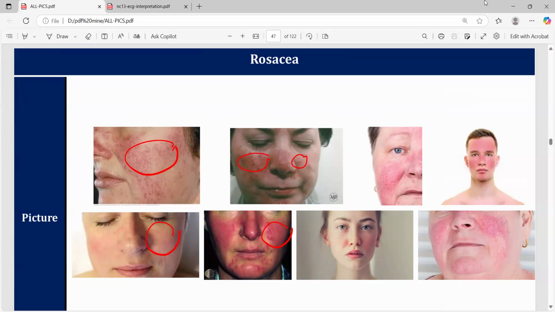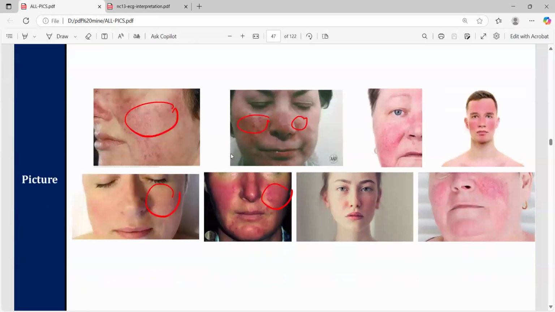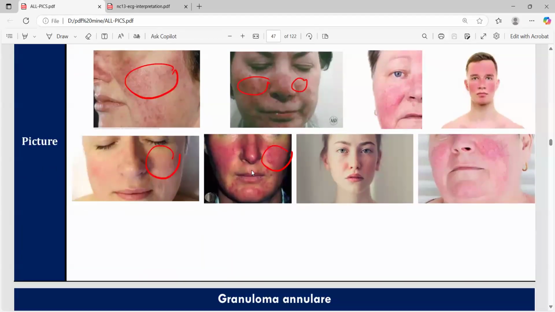I just recently saw a patient who was triggered only in cold weather. So you have to keep in mind which diseases are linked with this one. The question is not limited to asking you to make the diagnosis; they can show you a picture and ask which disease could be linked with this condition.